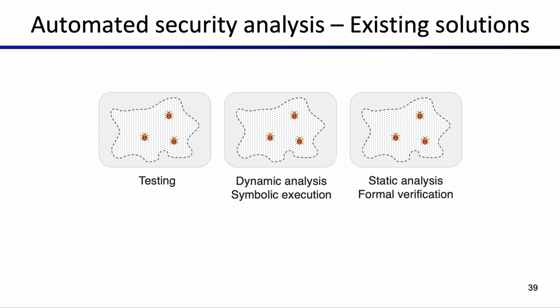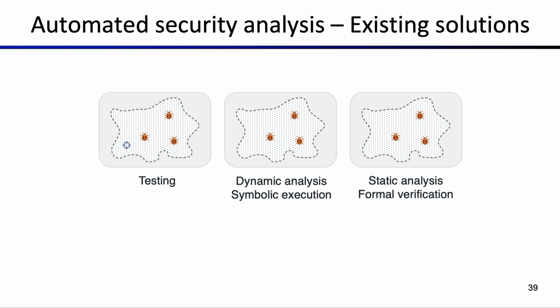On a very high level, the three main methodologies for finding bugs are testing, which involves a lot of manual work in particular. Auditing companies are doing this quite well nowadays, but naturally they don't find everything. There's dynamic analysis or symbolic execution, and there's also static analysis or even formal verification.